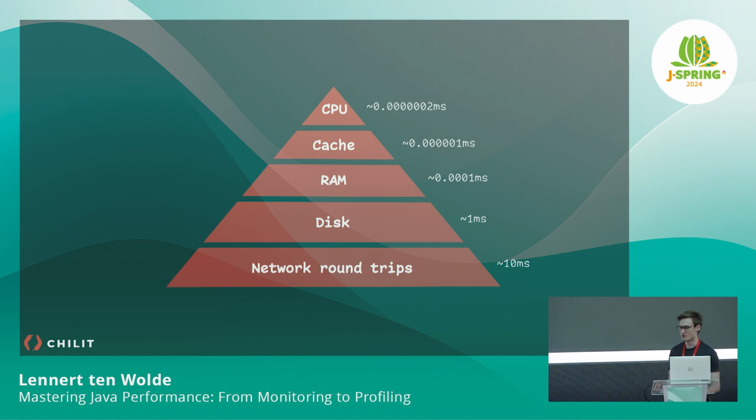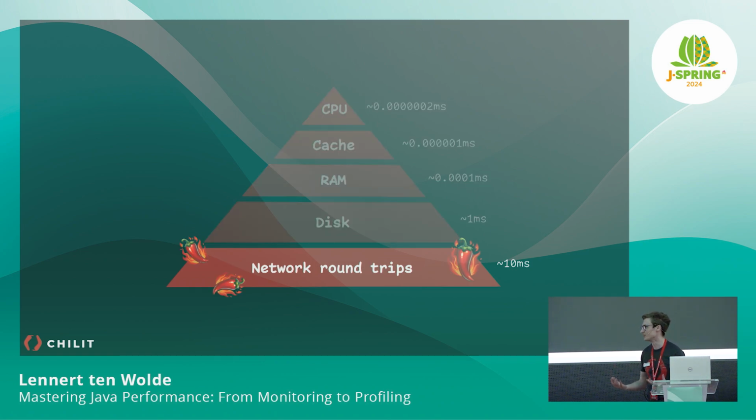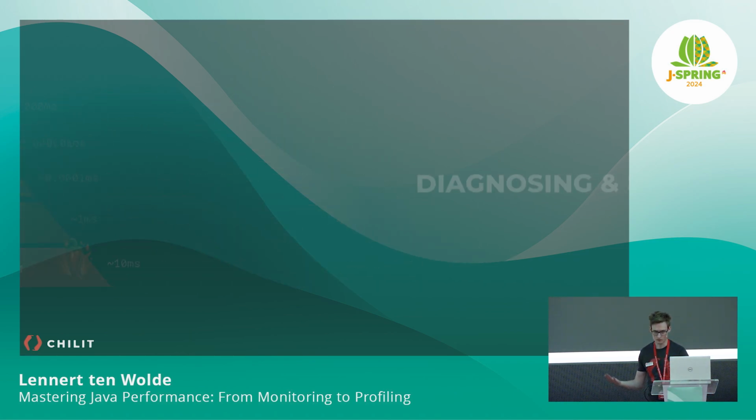But then you get the disk and network round trips, and now this becomes an issue, because after just 100 network round trips, you've already spent a second, and a second is quite a long time. So obviously, this is what we should focus on. This is what's running hot. This is where most of our issues are, and this is what's going to have the focus today. Although I do promise I'll throw in a little tidbit at the end about how you can optimize in Java some of the other layers in this pyramid, or at least kind of the RAM cache area. But it's at the end.